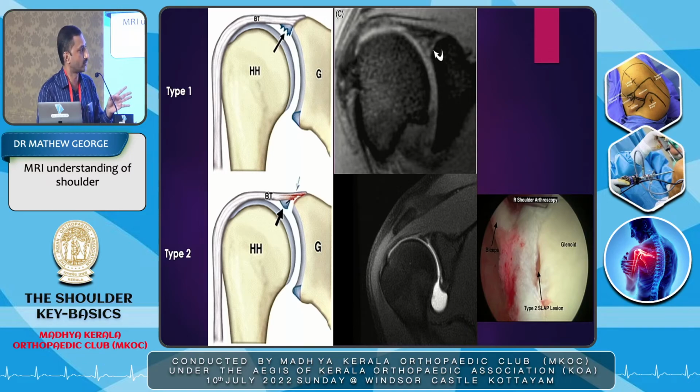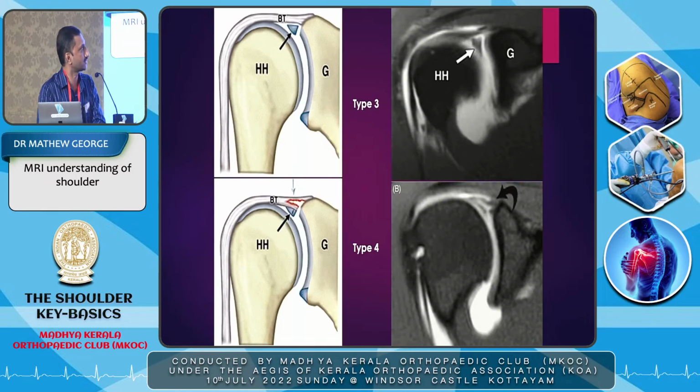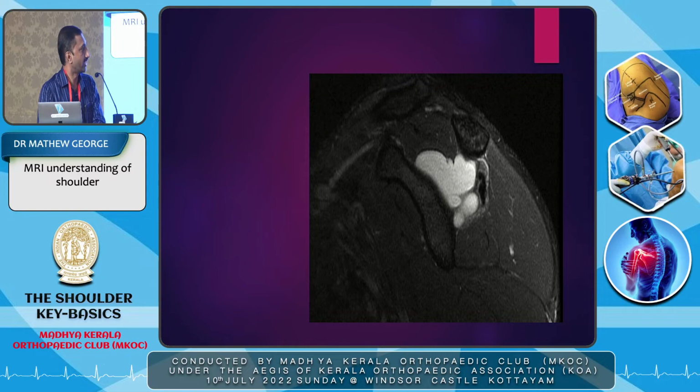Type 2 is the most common, where the tear extends into the labral substance. That's grade 2. So that was the arthroscopic view. Grade 3 is where you have a bucket handle, where the labrum is torn and inferiorly detached. And in type 4, it extends into the biceps tendon.